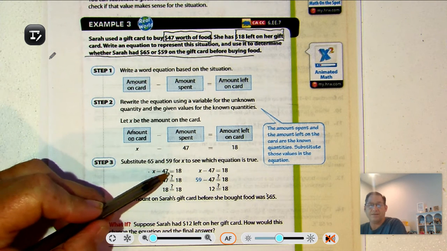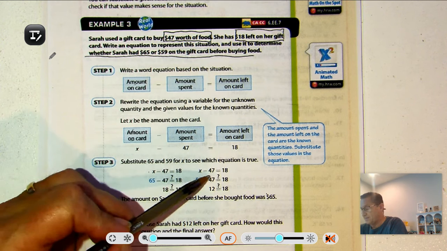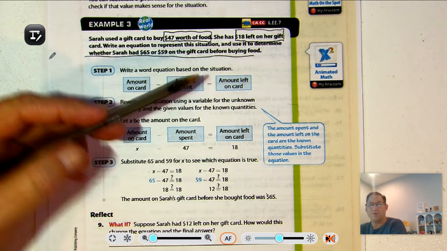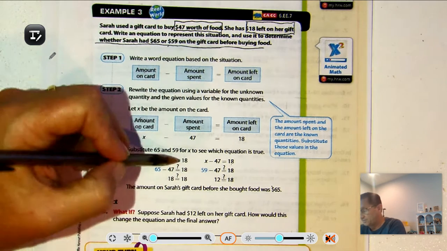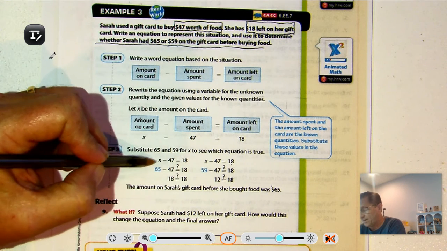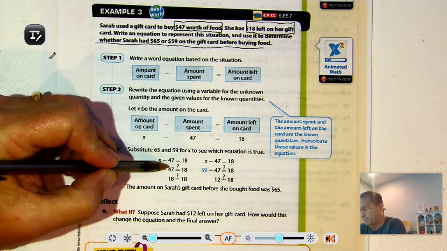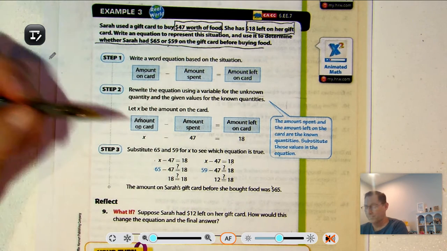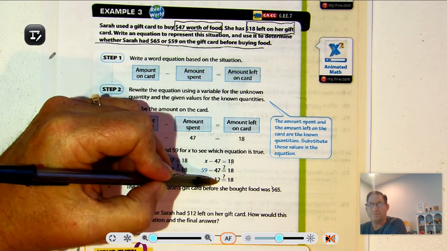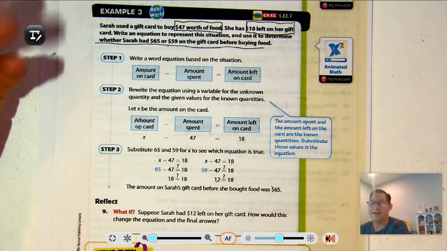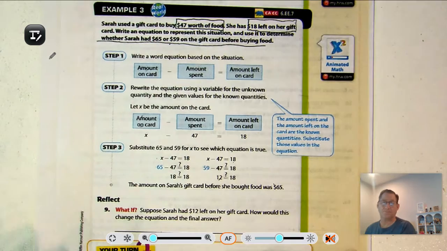X minus 47 equals 18. Because they want us to see is it 65 or 59. All right, so let's substitute 65 for X. And 65 take away 47 is 18. When we substitute 59 for X, we get 12. So the amount on her card had to be $65.